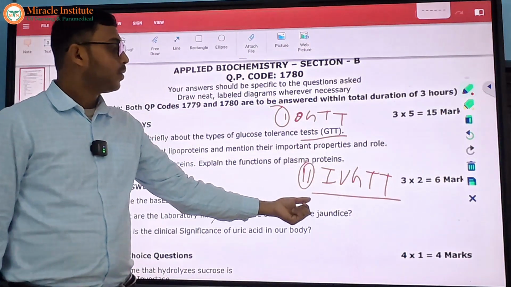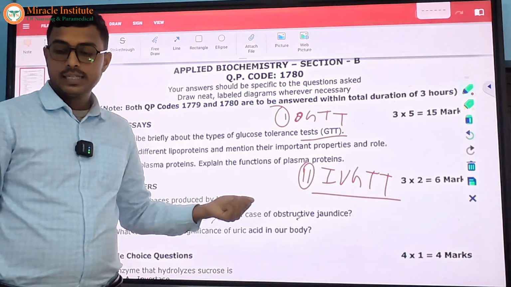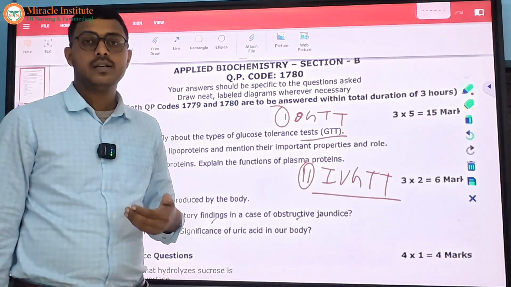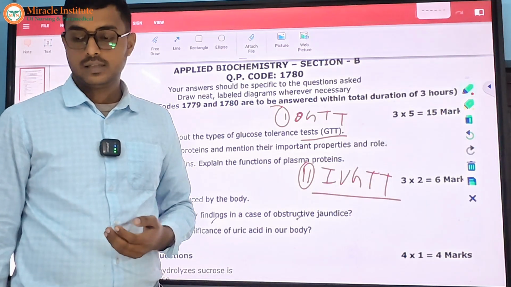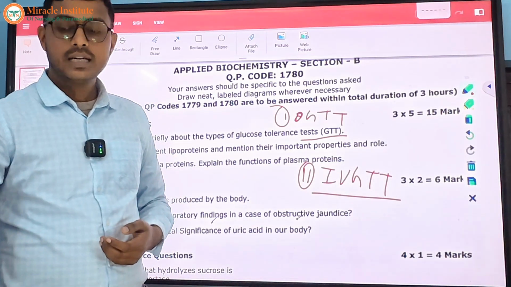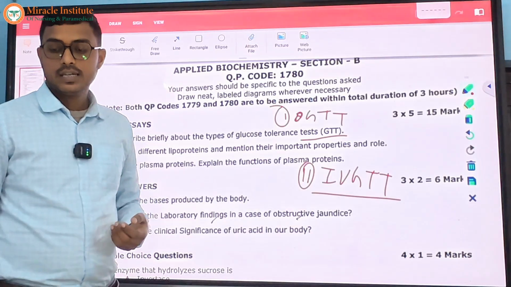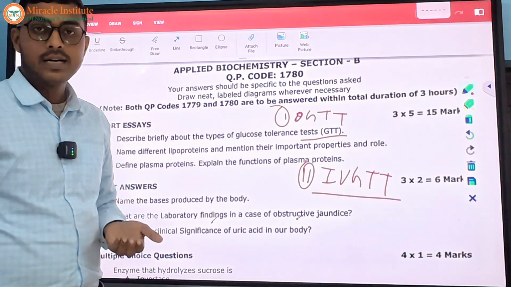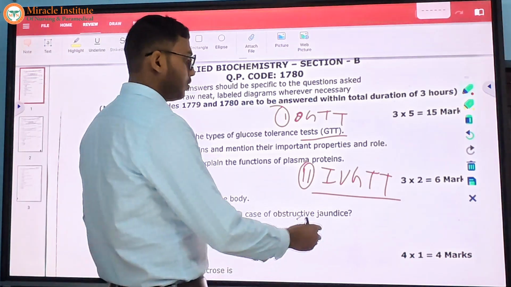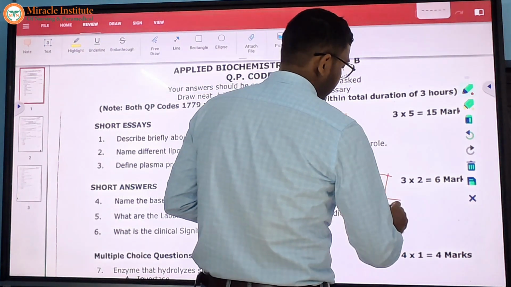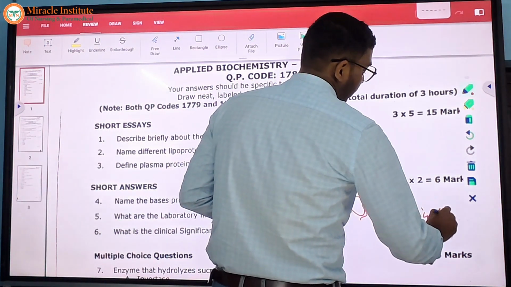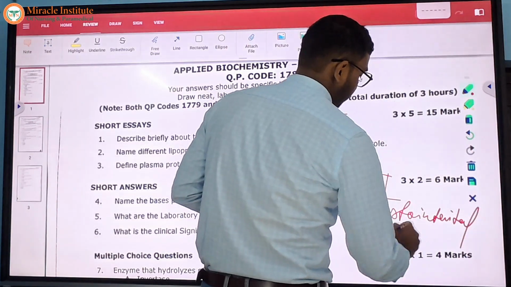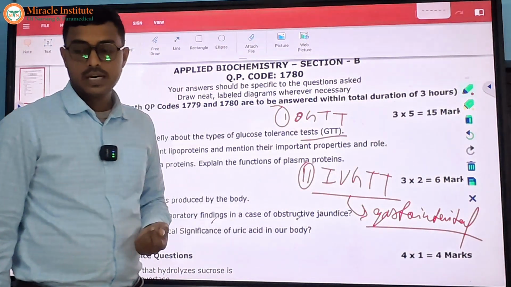This is administered intravenously. It is used in patients with gastrointestinal disorders. This is for gastrointestinal patients.